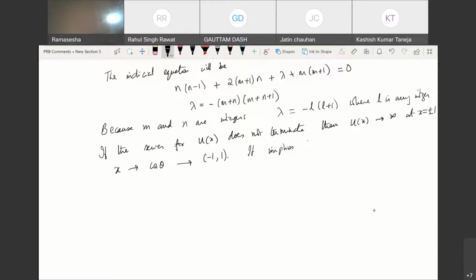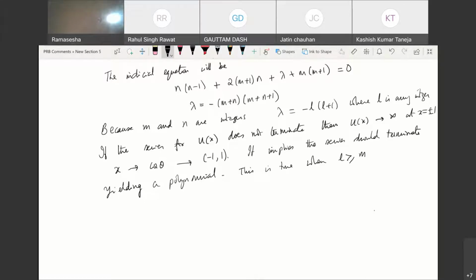yielding a polynomial, because whenever a series terminates, it is a polynomial. So it should yield a polynomial, and this is true when L is greater than or equal to M. So only when L is greater than or equal to M, it is going to be giving us a meaningful solution.